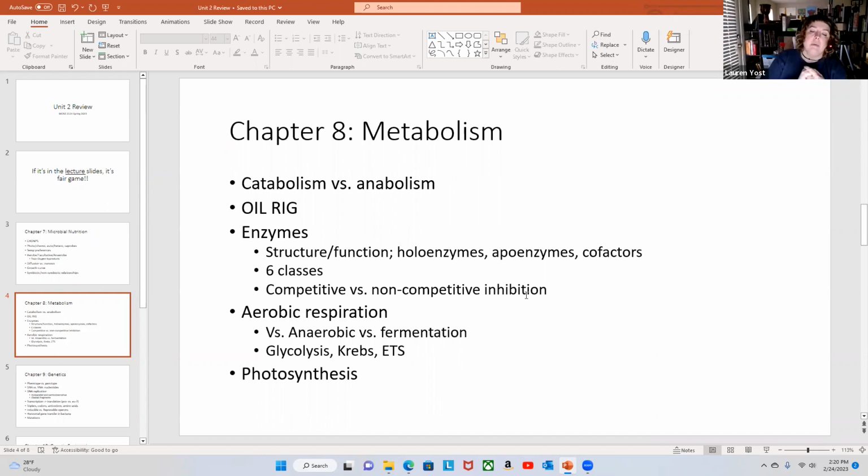We talked about catabolism and anabolism. First of all, metabolism in general is all of the chemical reactions that occur within the cell, all of them. Then we talked about breaking that up into catabolism and anabolism. Remember, cats are tearing things apart, so catabolism has to do with tearing things apart, breaking bonds, and it will release energy when that happens.